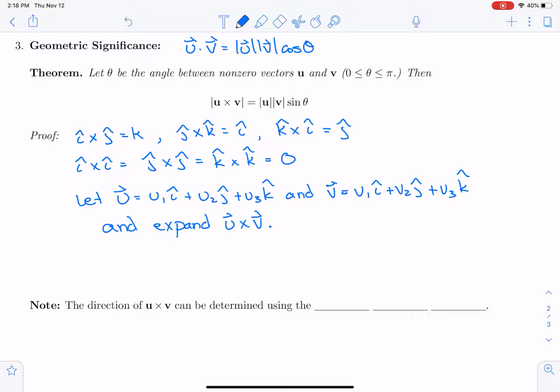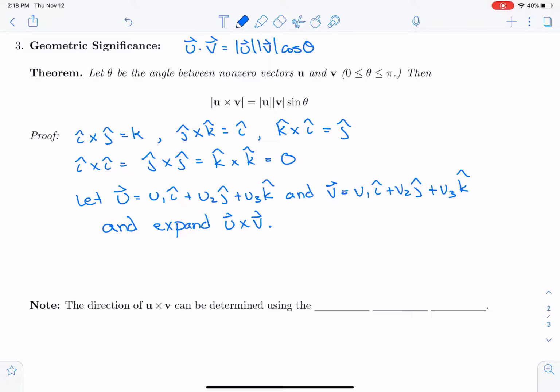So that's the method for proving, but it's just a long calculation that you have to chase through, and so I'm not going to go through all of those details. But that is the geometric significance of the cross product.